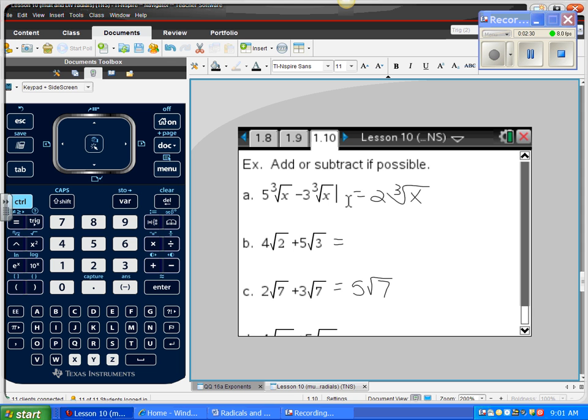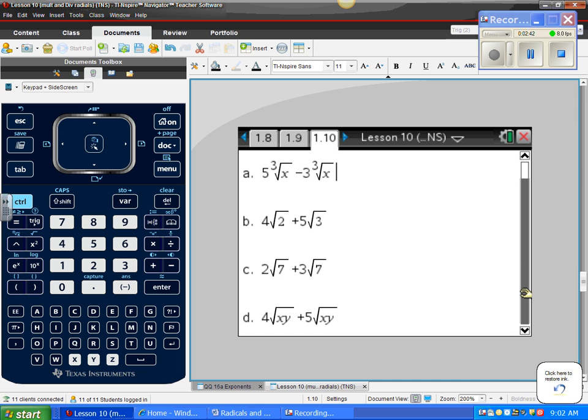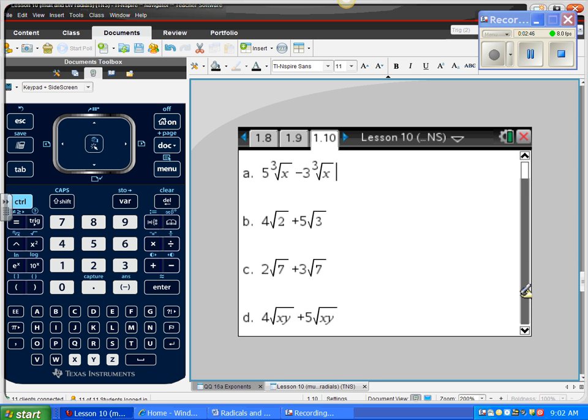Good. 4 radical xy plus 5 radical xy. 9 radical xy. Can't do it. Not like radicals. Okay?